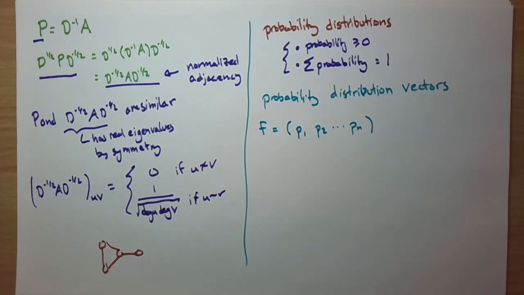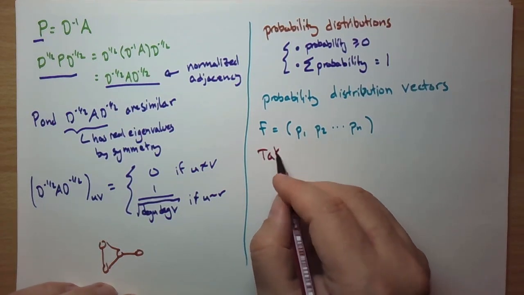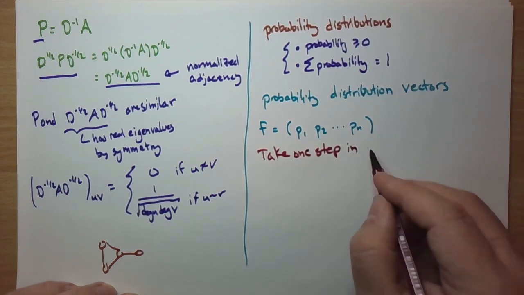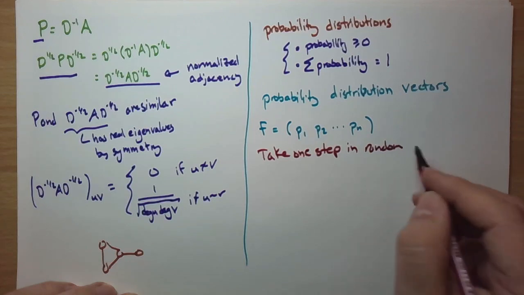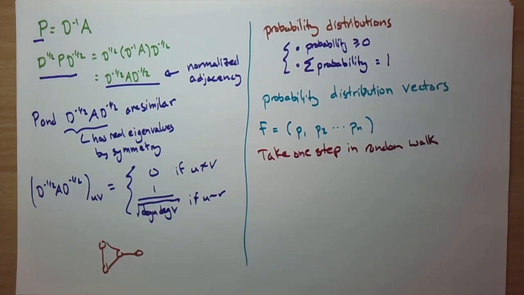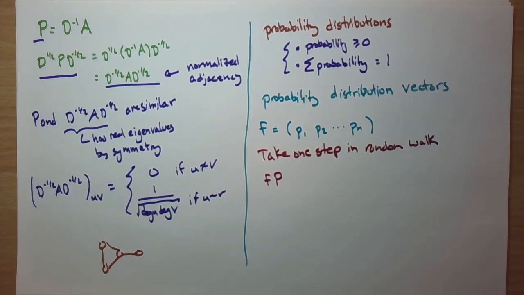The key thing to understand is this: we start with the current probability distribution, we take one more step in the random walk, and the resulting probability distribution is F times P. And I think this is a good place for us to stop.